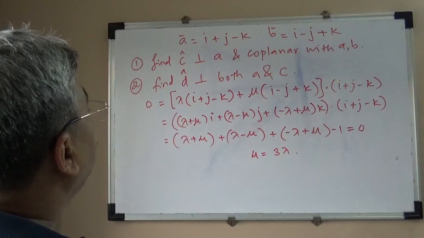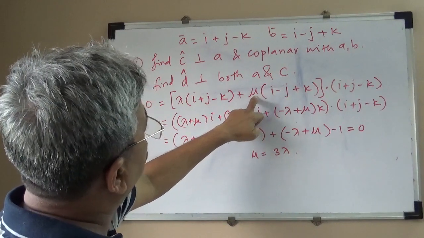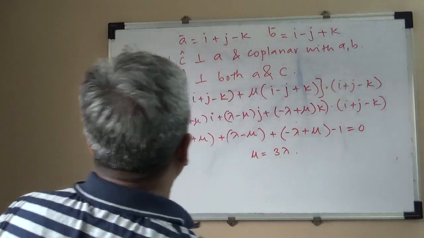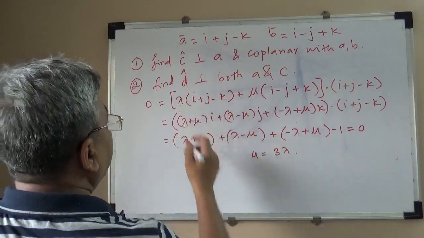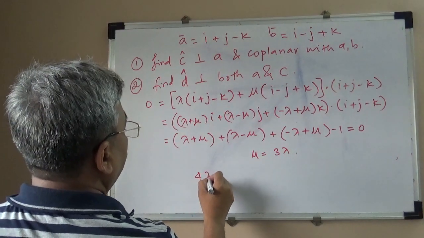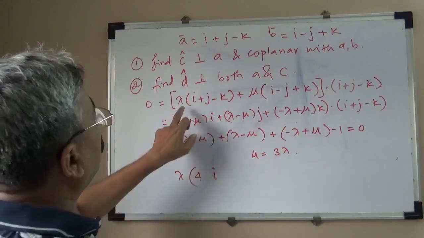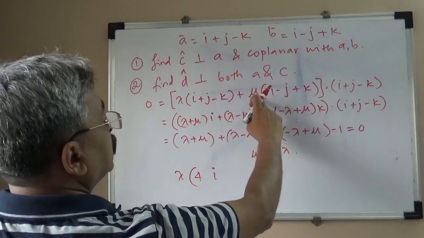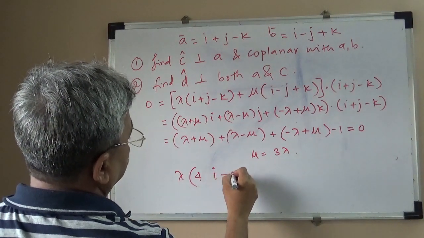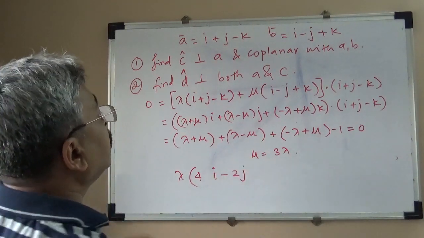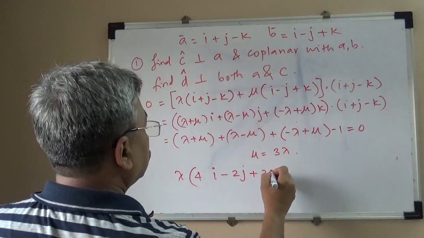If you substitute mu equal to 3 lambda here, then you will end up getting the vector. So 3 lambda plus lambda i, that is 4 lambda i. Now you can take lambda out because it is going to be present everywhere. 4 lambda i, now lambda minus 3 lambda, so minus 2 j, and 3 lambda minus lambda is plus 2 k.